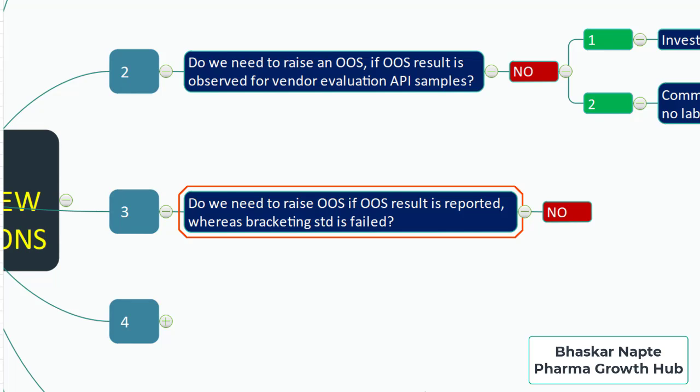Having said that, if there is no result reported, there is no question of raising an OOS. But you must investigate the failure through your lab deviation or lab incident SOP. Though I have not mentioned it here, please consider investigating the system suitability failure through the incident procedure.